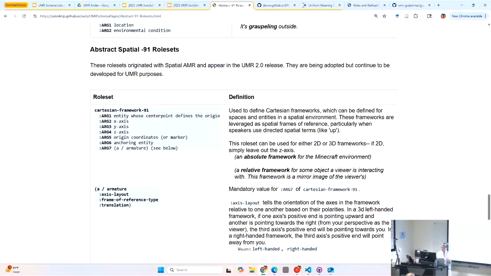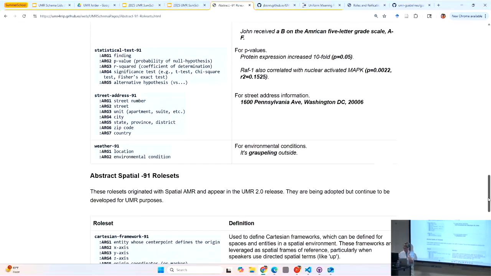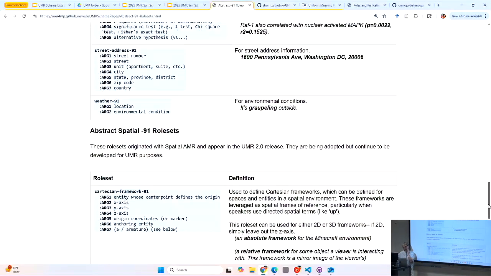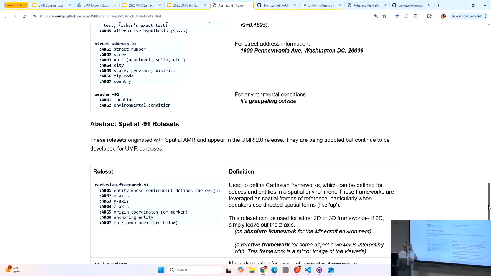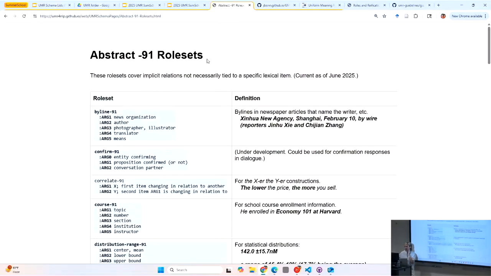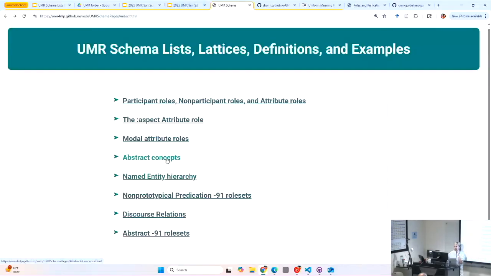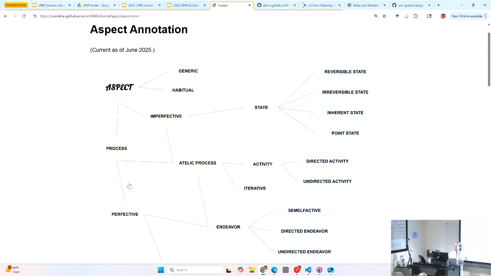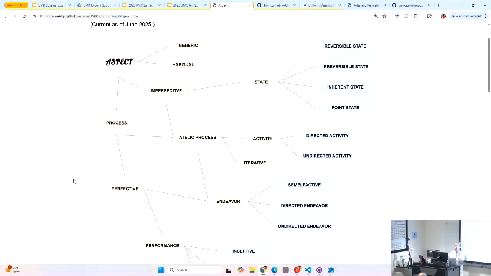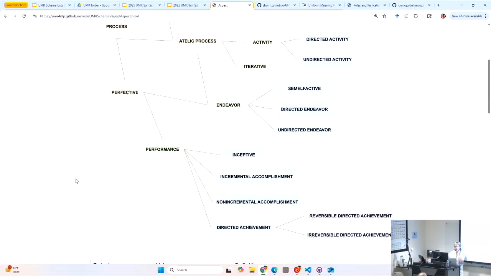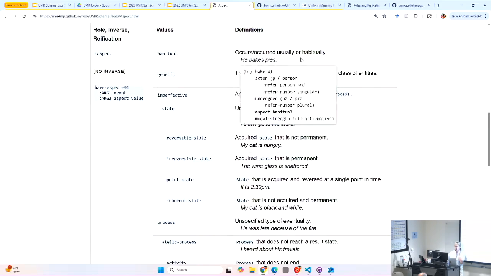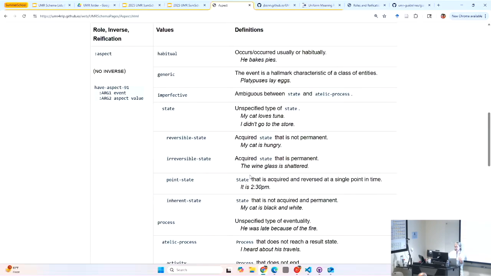If you want to look at aspect, okay, where's non-prototypical predication? I think we didn't do that yet either. Okay. If you want to look at aspect, it's there. So we've got a nice lattice there. You can look at all the types, and then there are definitions of all the types down here.